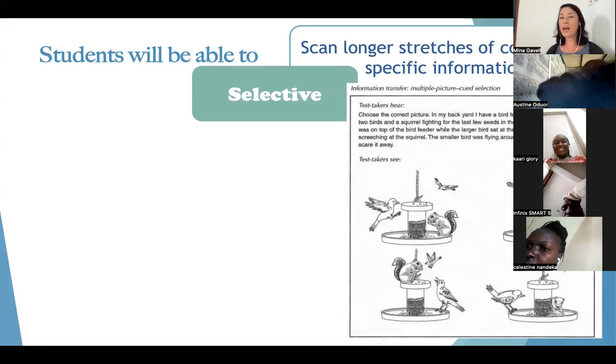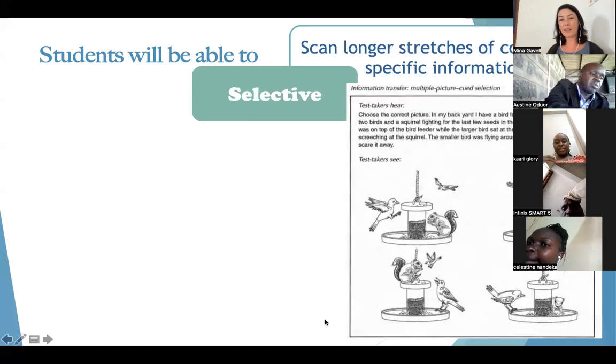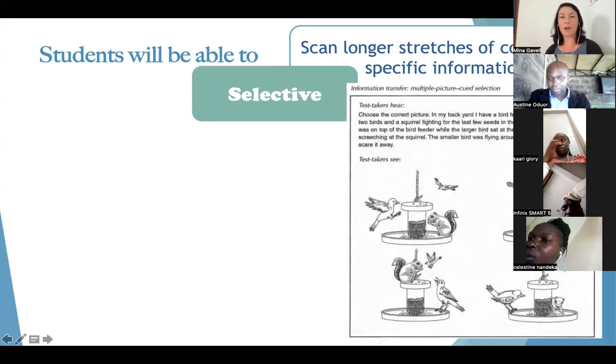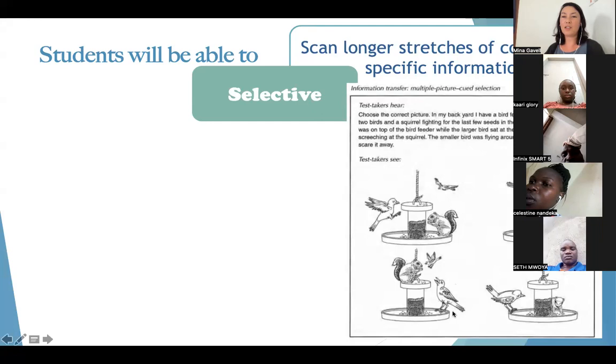The squirrel was on top of the bird feeder, and right there, right away, we have this, the squirrel's on top of the bird feeder. But if they missed that, there's some other information. The larger bird sat at the bottom of the feeder. So we see the larger bird at the bottom here, and the smaller bird was flying around. And so we have some different things that learners can scan for.